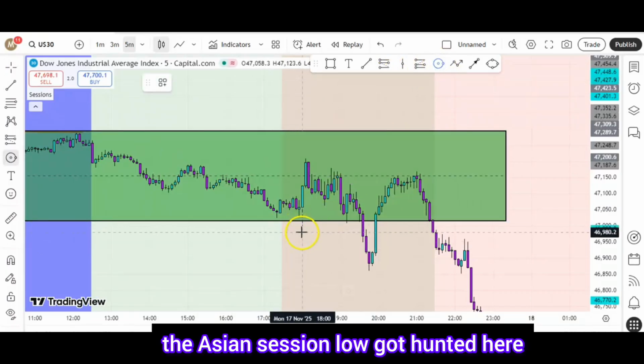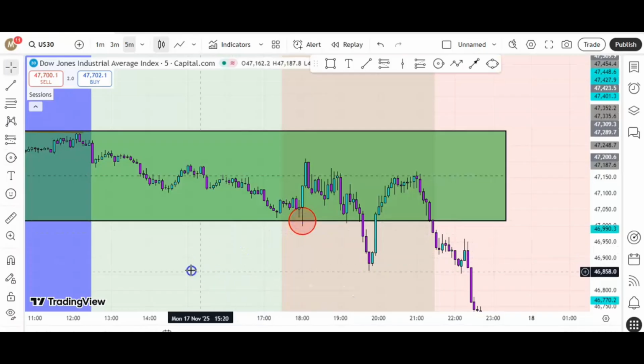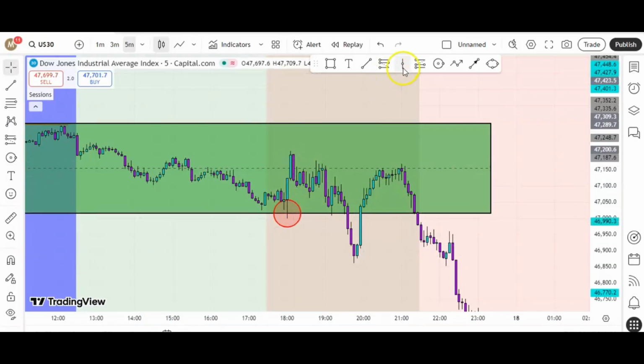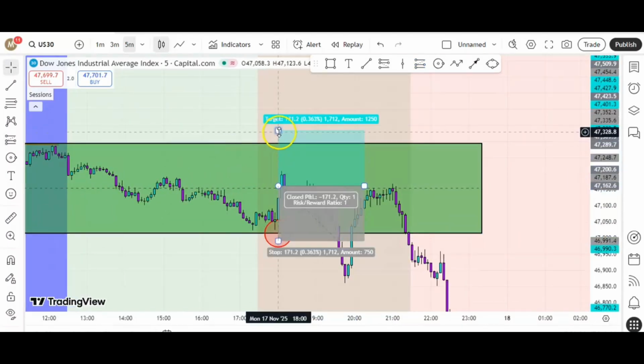The Asia session low got hunted here. We enter a buy position right here.